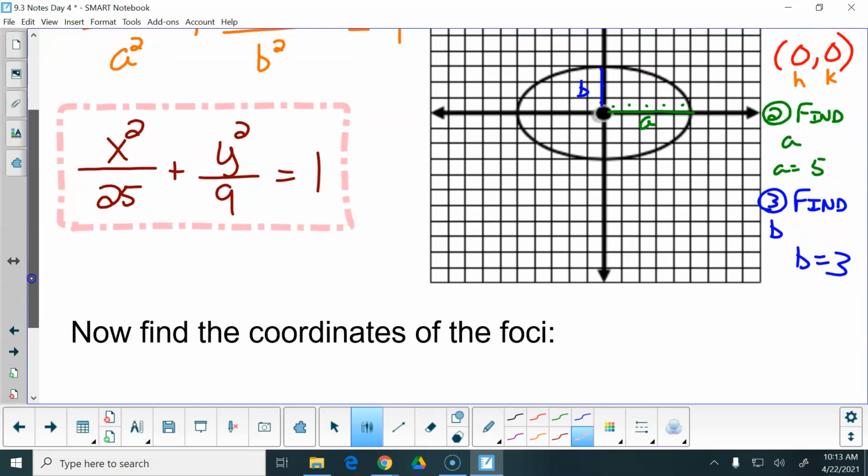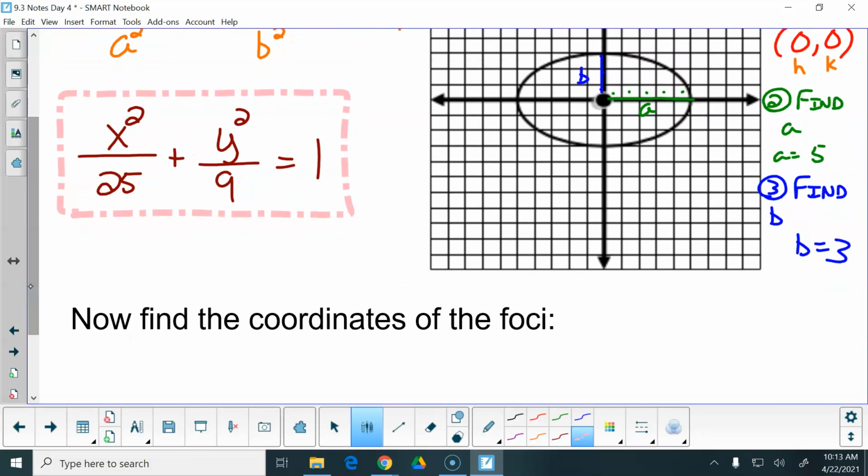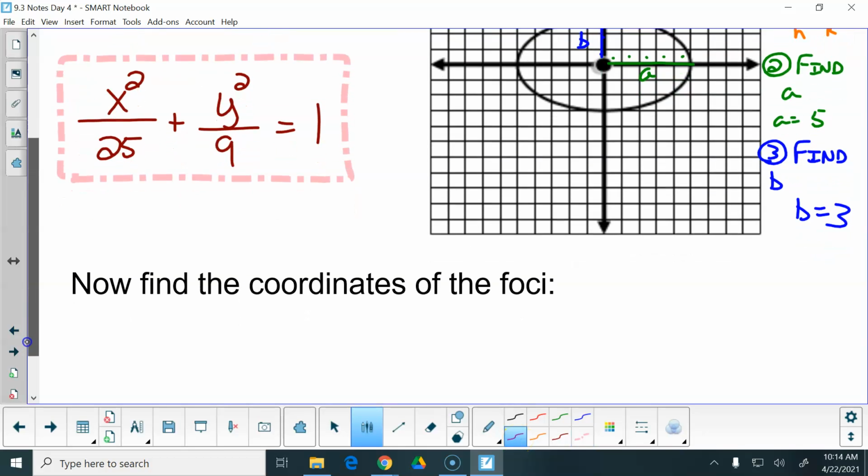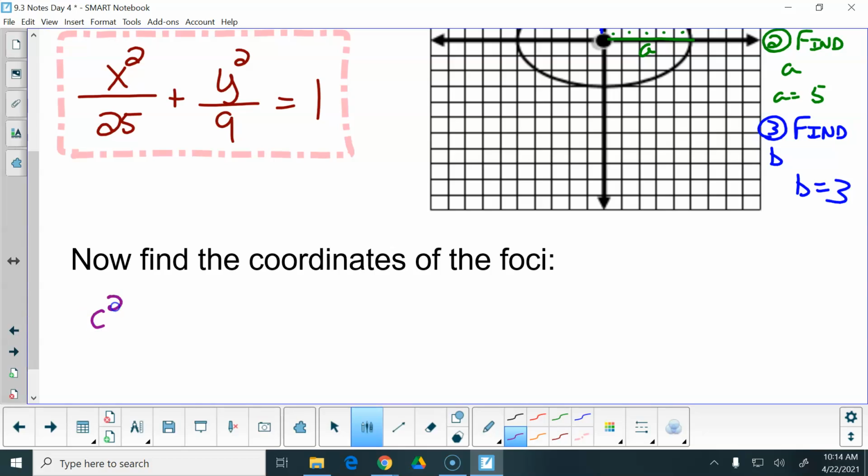Now that you have the equation, now you can find the foci. So c squared is going to be the absolute value of a squared minus b squared. 25 minus 9 is 16. So c is 4.